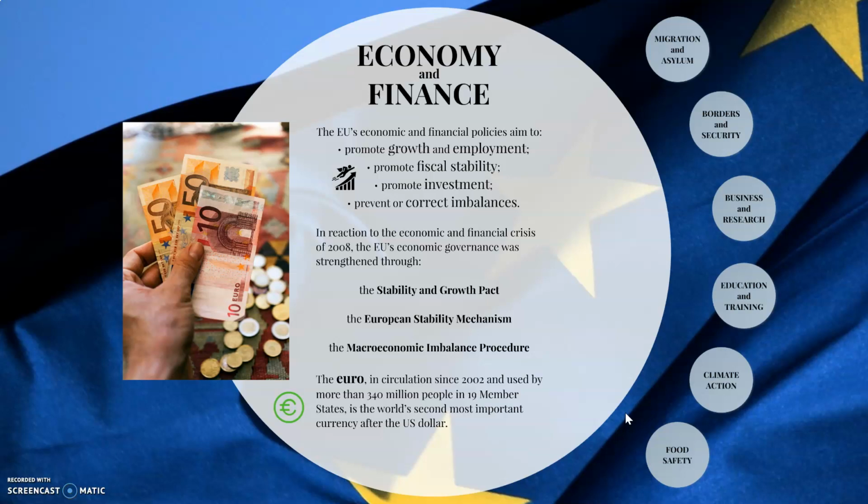The euro, in circulation since 2002 and used by more than 340 million people in 19 member states, is the world's second most important currency after the US dollar. A single currency is practical for citizens and helps countries in the European Union to do business together.